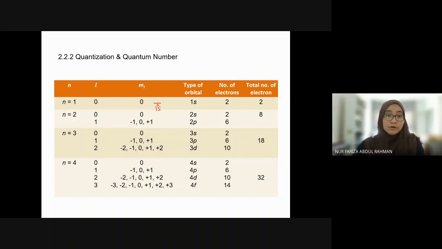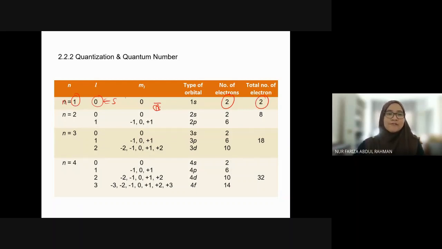Because L is 0, 0 means s, and this value comes from N. N is 1, so that's why it's a 1s orbital. The maximum number of electrons this orbital can accommodate is 2. So total number of electrons if N is equal to 1 should be 2.